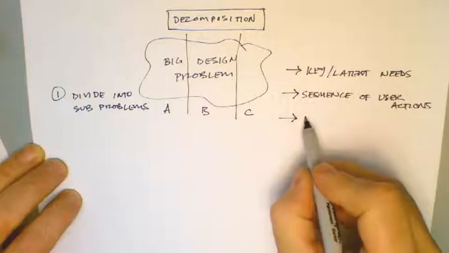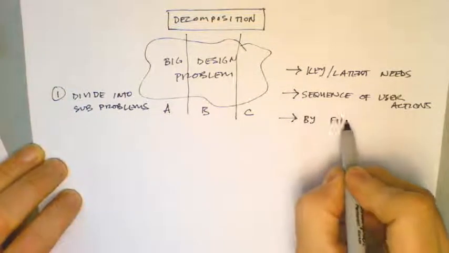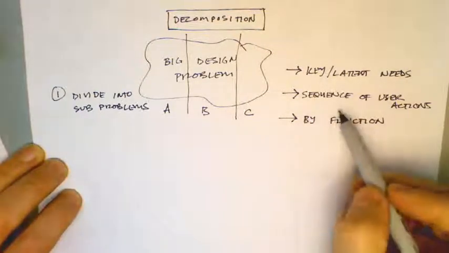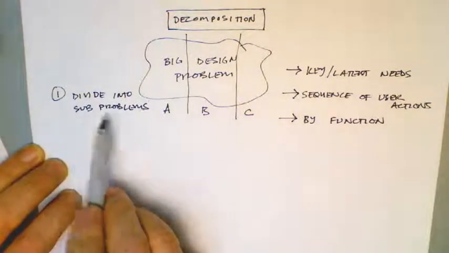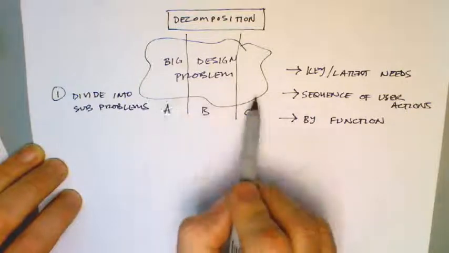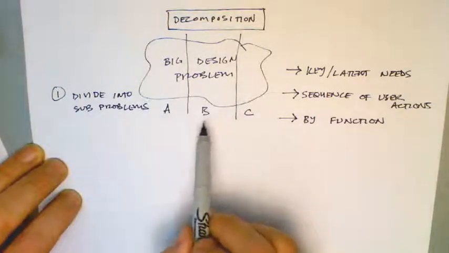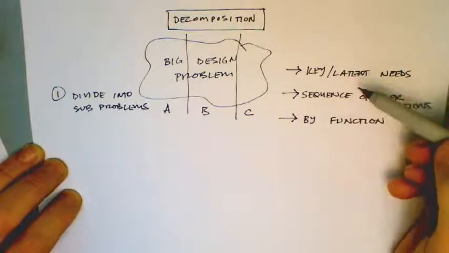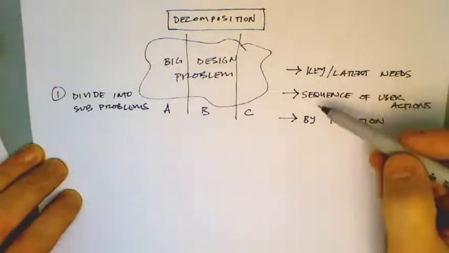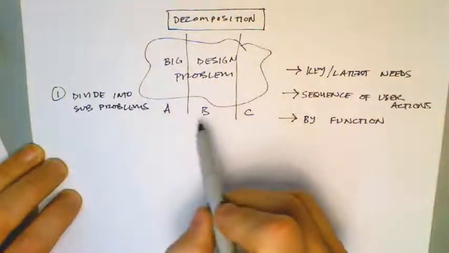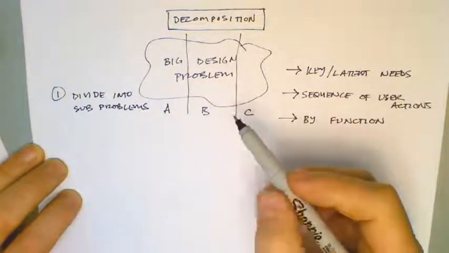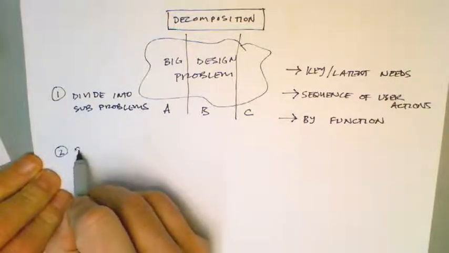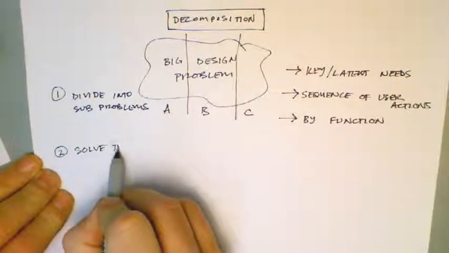Thirdly, you can decompose by function. I'm not going to explain how to do that just yet, but I just want to point out that your first step is going to be take a big design problem, break it into two or more subproblems using one of these techniques. In fact, you'll probably use several of these techniques as you try different decompositions of the design problem. Then the second step is going to be solve the subproblem.